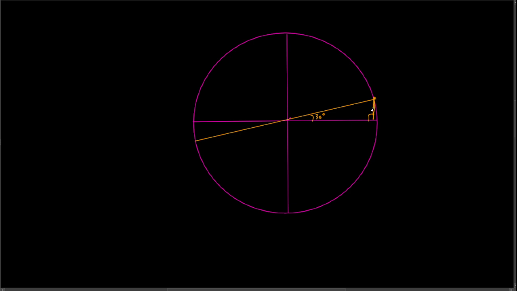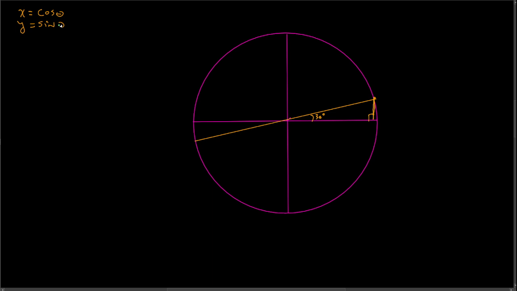And the location of that point, the x and y direction, will end up being the cosine of theta, sine theta.